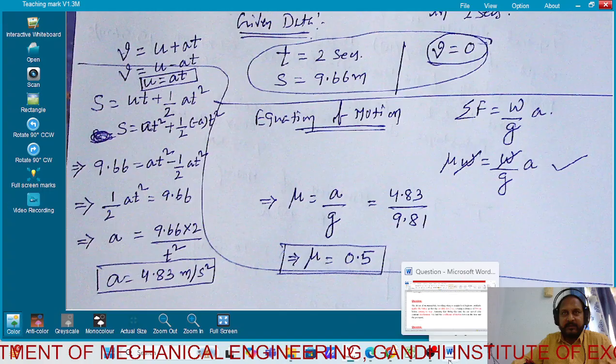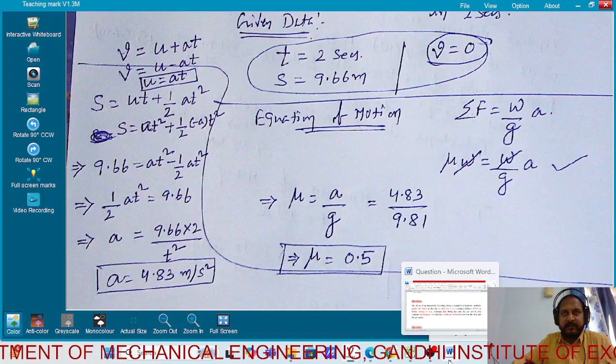Yes, sir. The weight of the mine cage is always acting vertically downward. What is the weight? The weight is 8.9 kilonewton. Here to this particular mine cage, you have one cable which is attached to it.